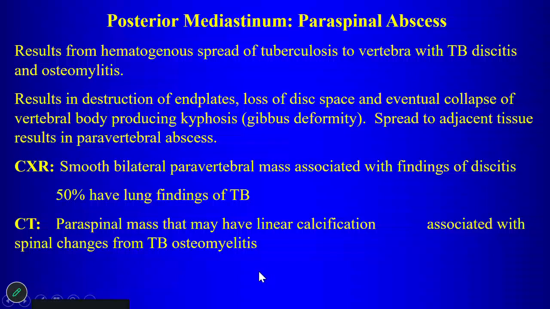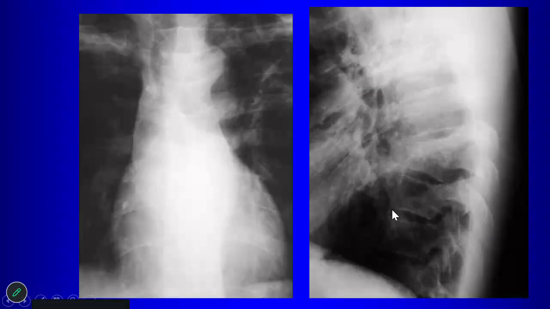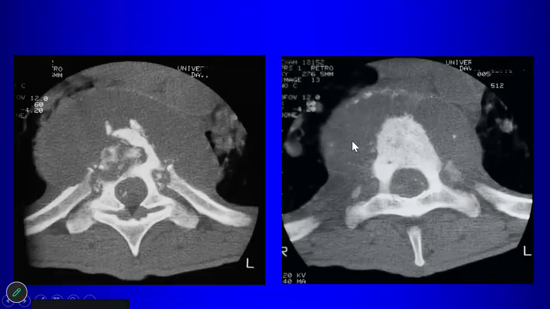Some patients might have other findings of tuberculosis in these cases. Okay? Gibbous deformity, kyphosis, you might see that. Here's a case where there's collapse of the vertebral body, one vertebral body into the other one with destruction, loss of the intervertebral disc space. So this was also a patient with a paraspinal abscess.